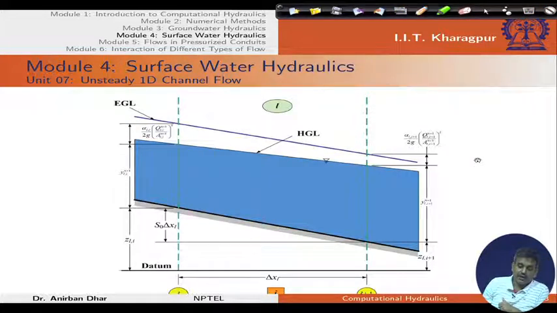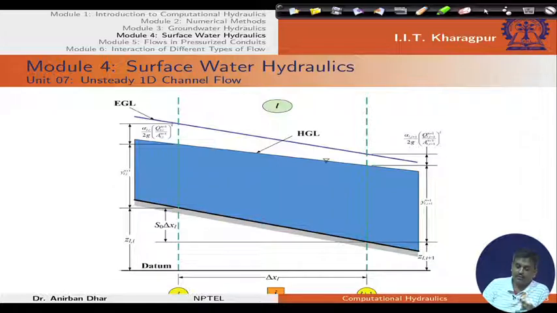Then we have discussed the unsteady 1D channel flow problem. In unsteady 1D channel flow, we have considered time varying conditions at the inflow section, and at the outflow section we have a specified flow depth.